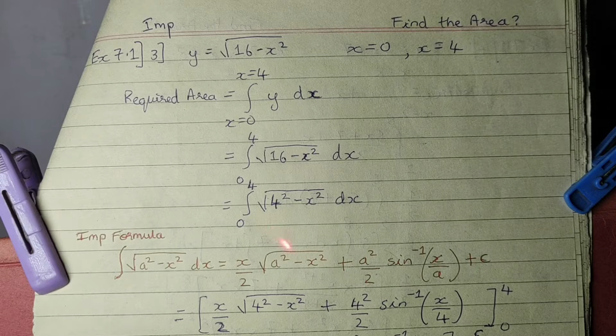Sine inverse, you put x on top, and instead of a you put 4. Close the bracket with the square bracket as well, and put the limits from 0 to 4. 0 is the lower limit, 4 is the upper limit.